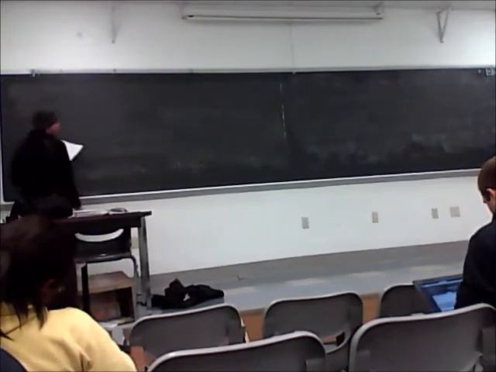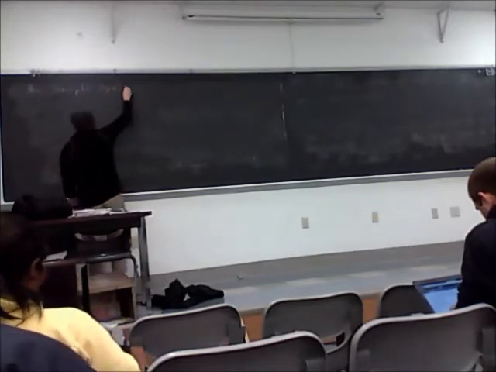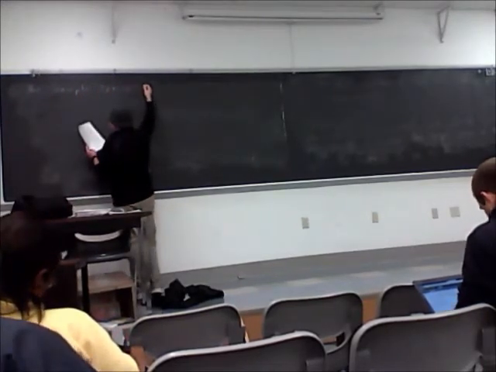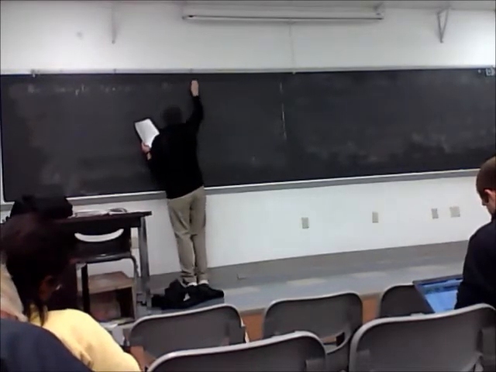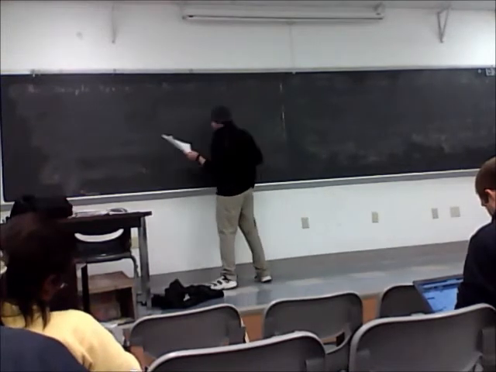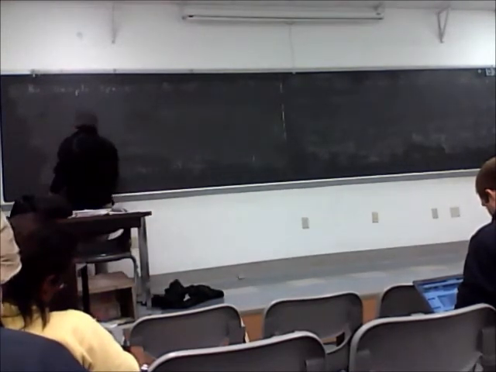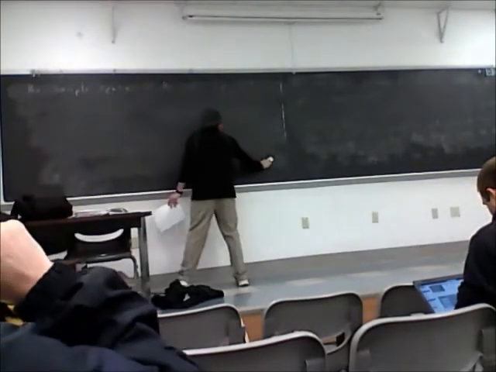So if you toss a coin, the sample space is the set of heads and tails. So there are two outcomes, heads and tails. And the sample space is just a set of all these possible outcomes.